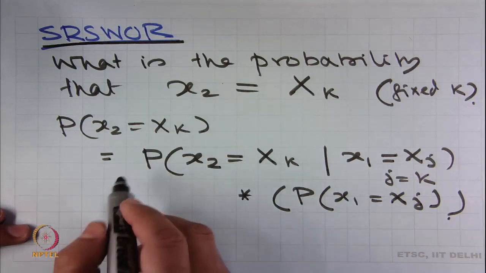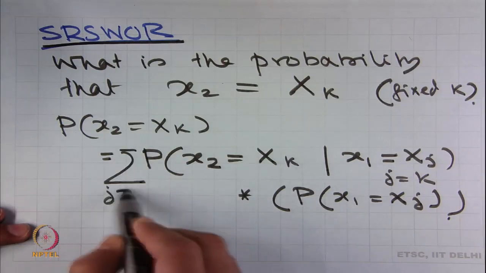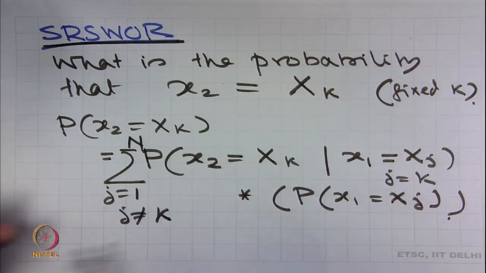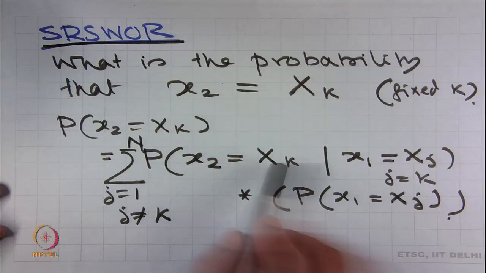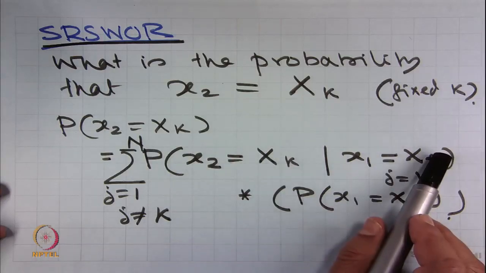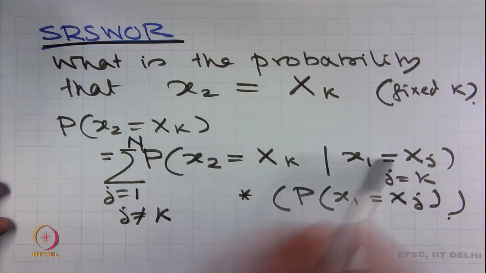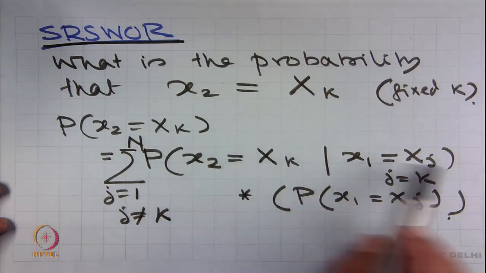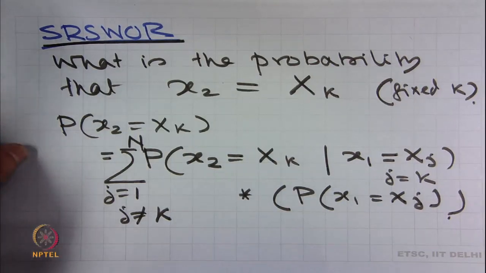And this we need to sum over all j, j equal to 1 to N, j not equal to k, because it is without replacement. Therefore, the second sample can be xk if the first sample is something different from xk, and given that, the second sample is actually xk, and this has to be multiplied by the probability that the first sample is xj.